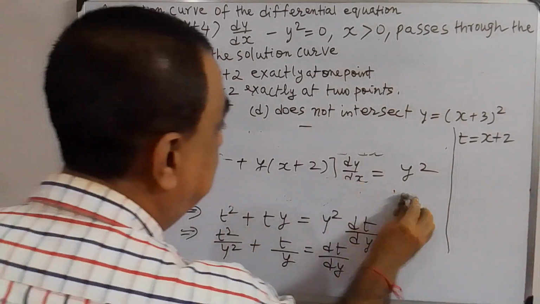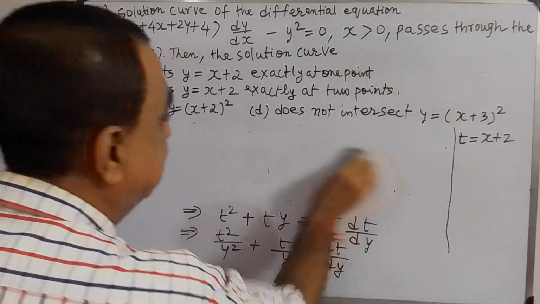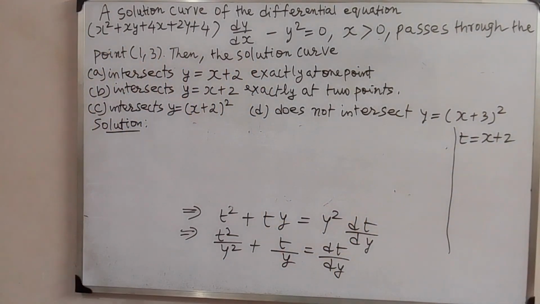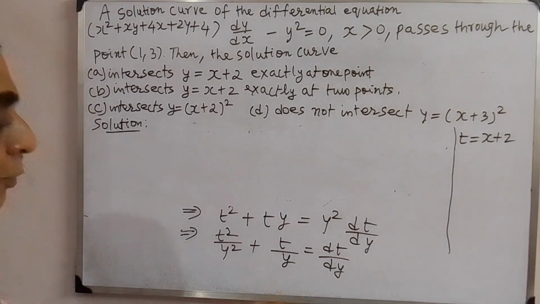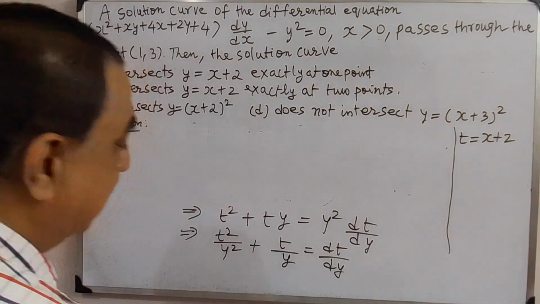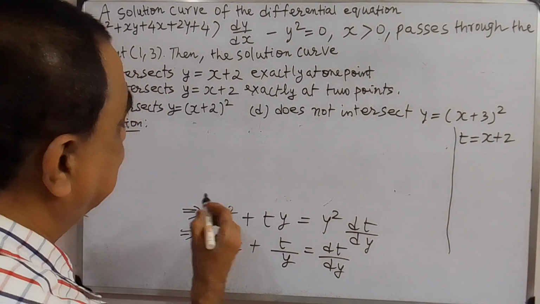Now what we are doing is dividing throughout by t squared, and then we will get a linear differential equation.